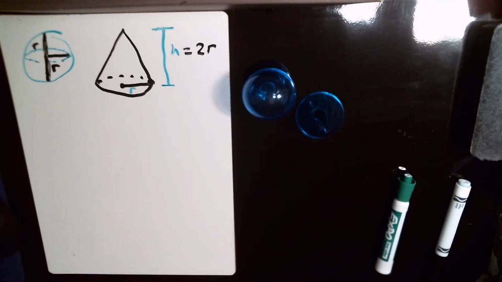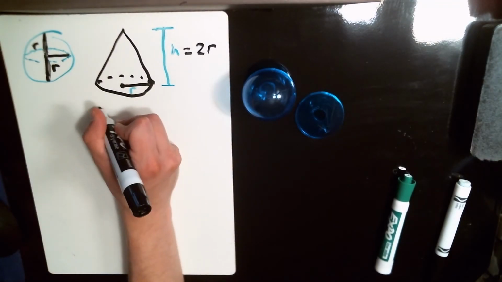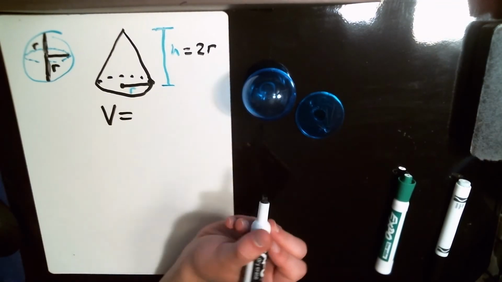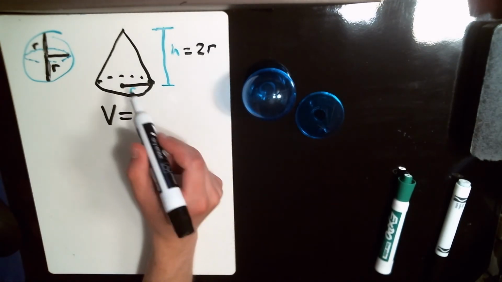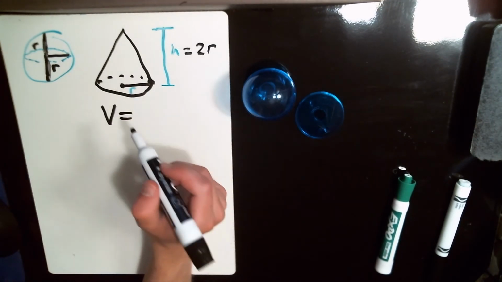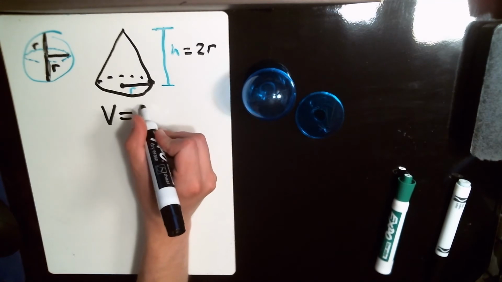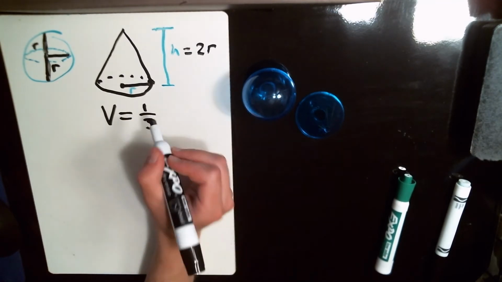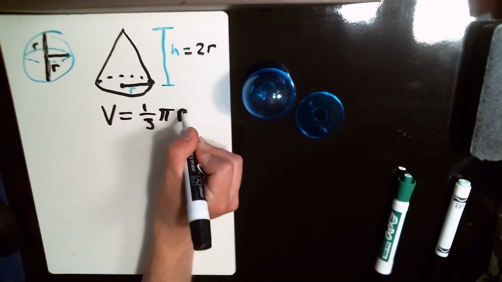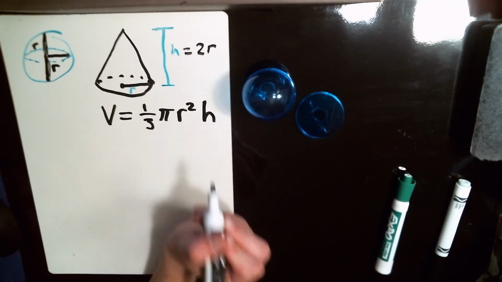Okay? Well, what was the formula for the volume of this cone? Well, it was 1/3 of the cylinder. So it was 1/3 pi r squared times h, right?